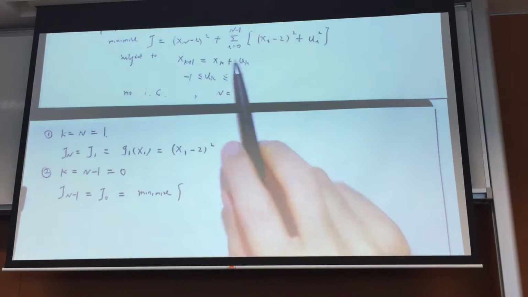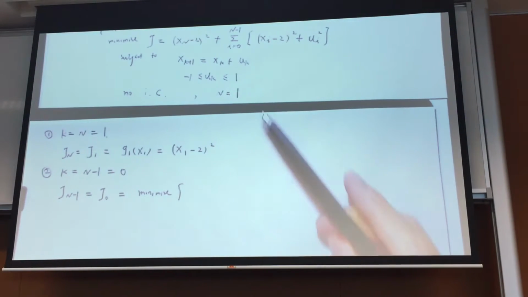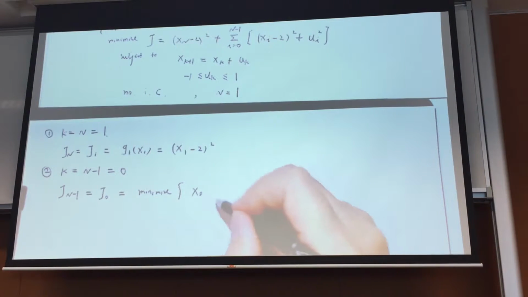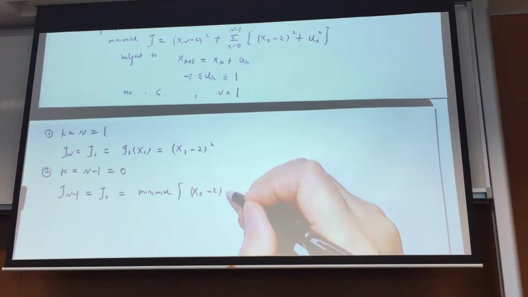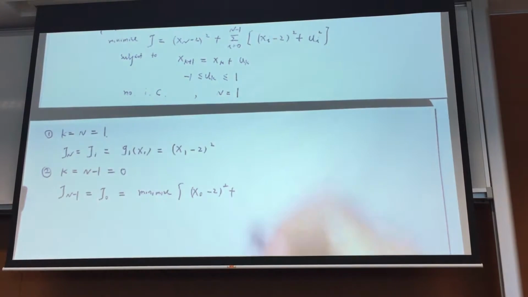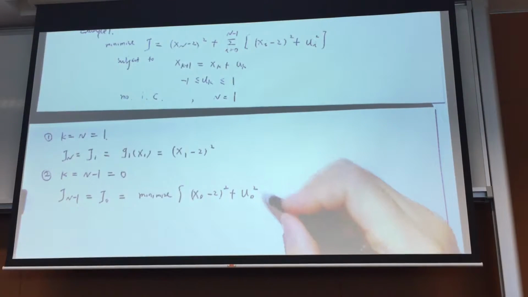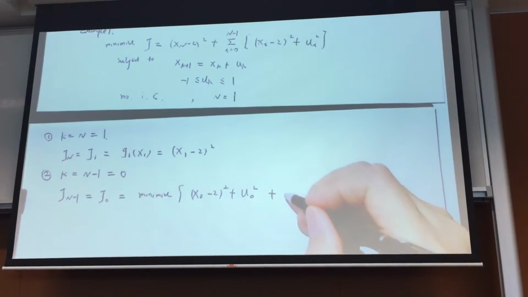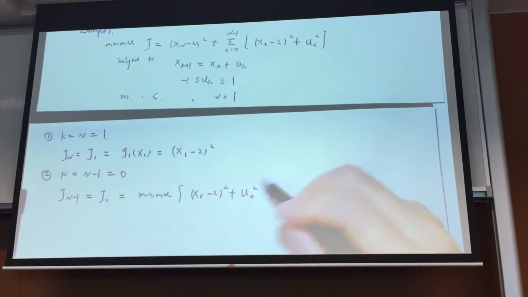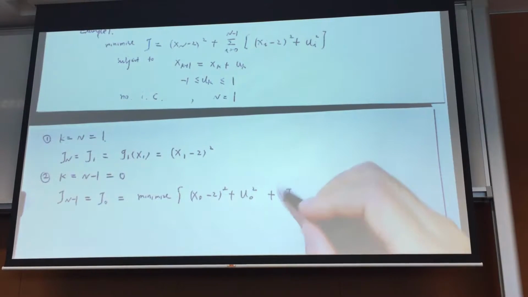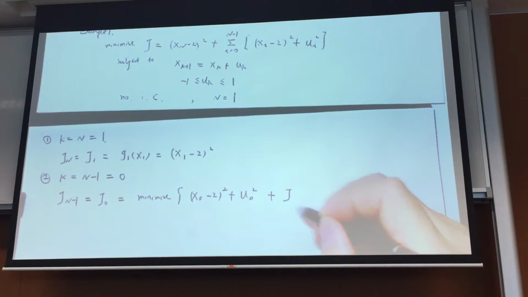Remember in the equation, we have the current state, given by (x0 minus 2) squared plus u0 squared, plus the optimal solution from the next state until the final state, given by G_1.